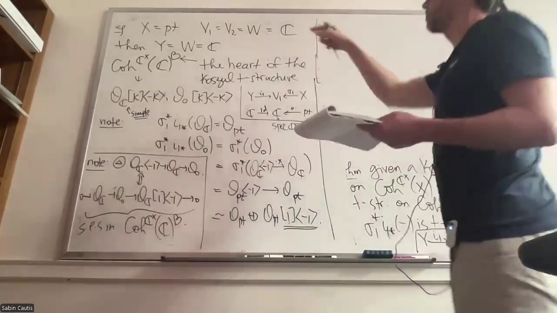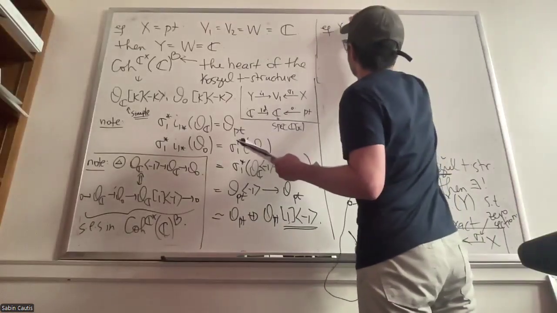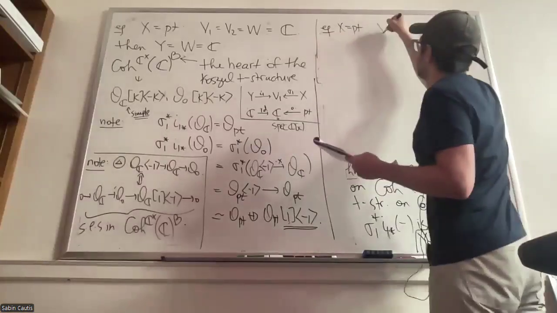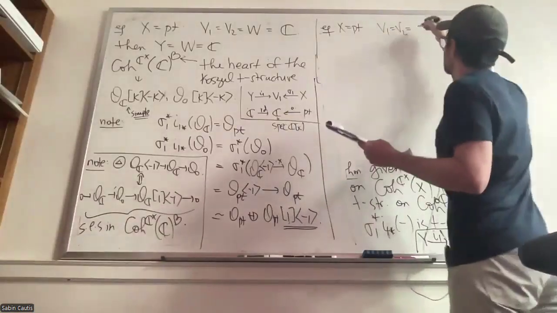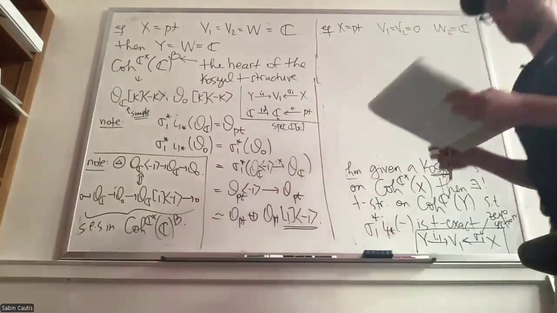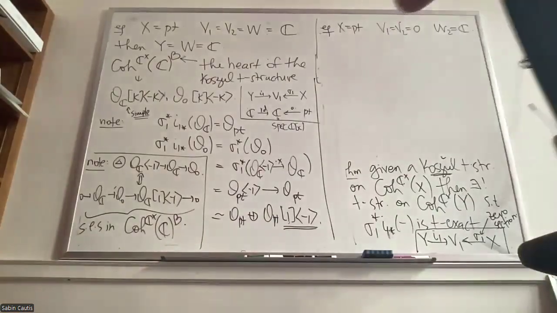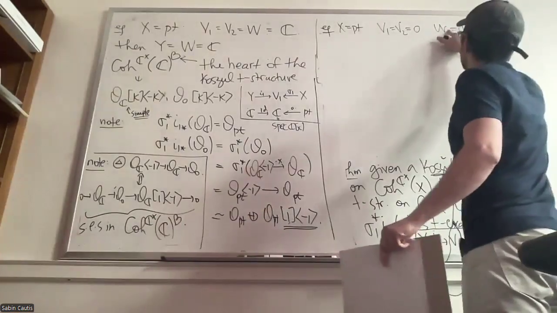So this is the case when v1 is equal to v2 is w. Let's do the case when x is a point. v1 and v2 are zero dimensional, and w is one dimensional. Not w2, just w.